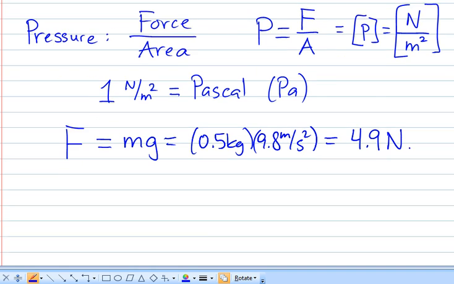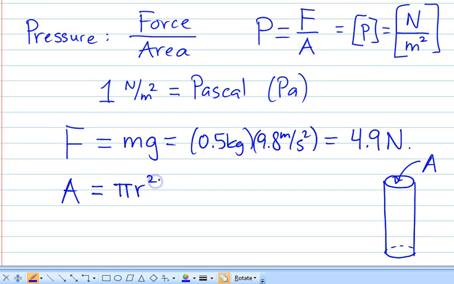Then we would have to calculate the area. And we're talking about, here is the syringe again, okay? What we're talking about for the area is actually the top here, this opening. So it's like the top of a soda can, okay? And that area is going to be pi r squared. And the thing that you have to be careful of is that we want that to be in square meters.